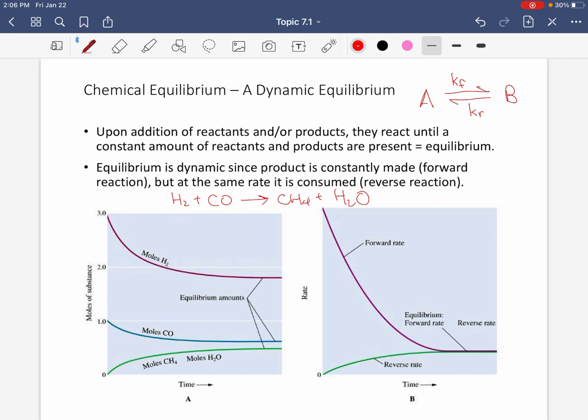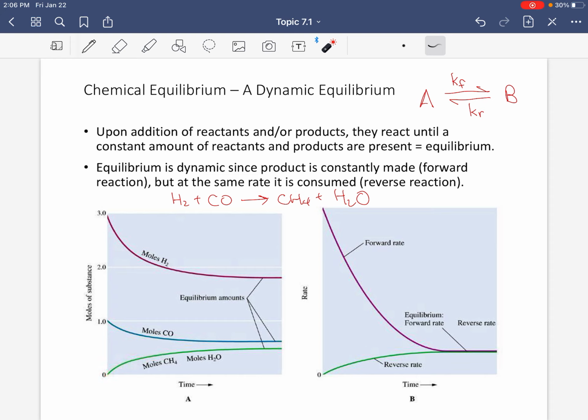As the reaction proceeds, the amount of H2 and the amount of CO is decreasing, because these are reacting. They're turning into CH4 and water, while the amount of CH4 and H2O are increasing.